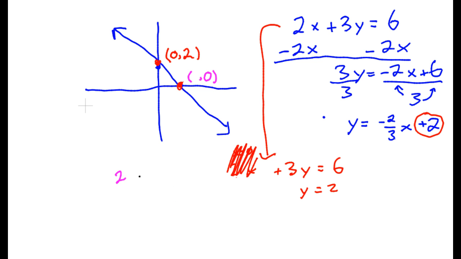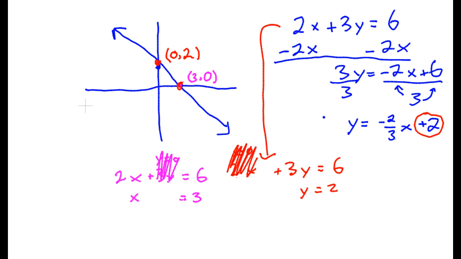And I'll be left with 2x equals 6. Because for 3y, once again, if I plug in y equals 0, this just goes away. And 2 times what equals 6 is 3. And I know that this point right here is 3 comma 0. Now I have 2 points. Just plot those 2 points and draw a line through it.